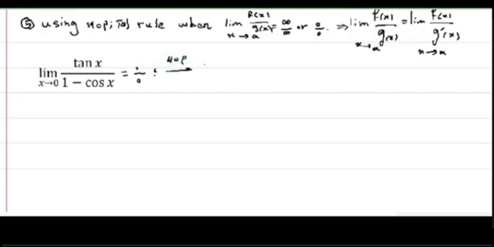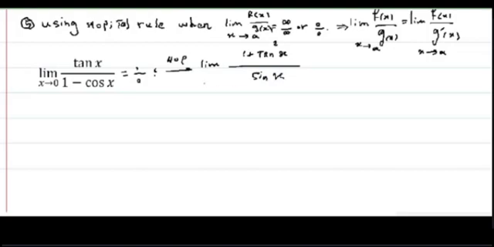Then I get the limit of the ratio of derivatives: the derivative of tangent is 1 plus tangent squared x, or secant squared x, over the derivative of 1 minus cosine x. The derivative of 1 is 0, and the derivative of cosine is minus sine, which multiplied by the minus gives sine x in the denominator.